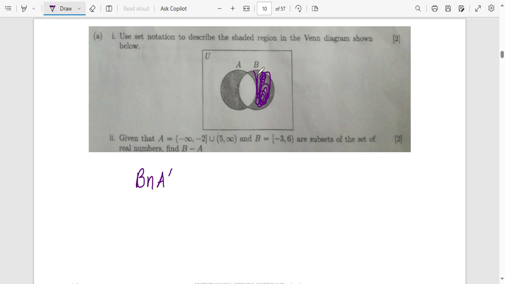This part here is B intersection A complement. And then this other part on this side is A intersection B complement. So we are just combining these two parts. That's the set here. As simple as that.